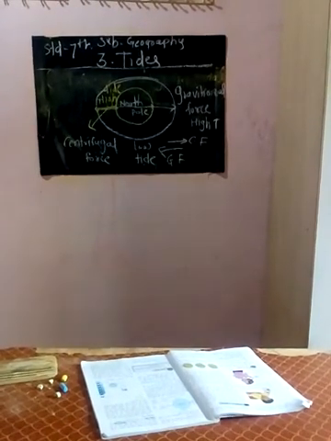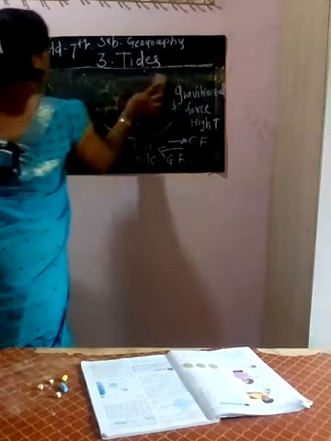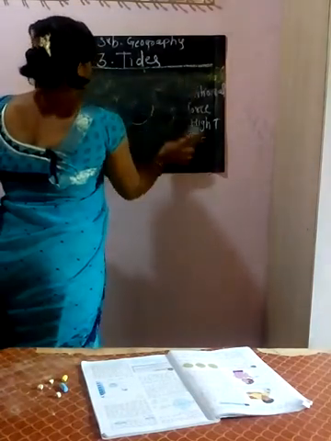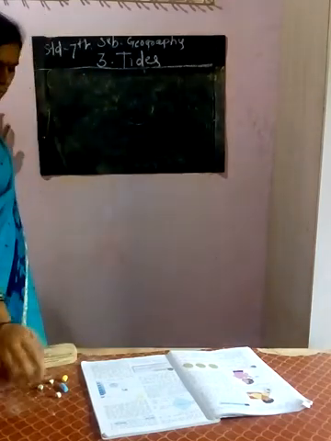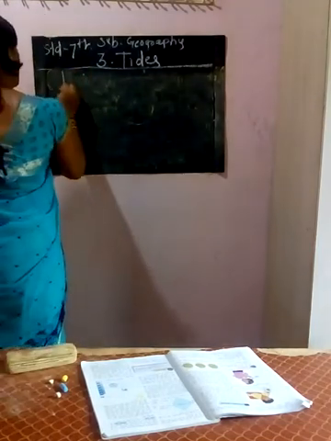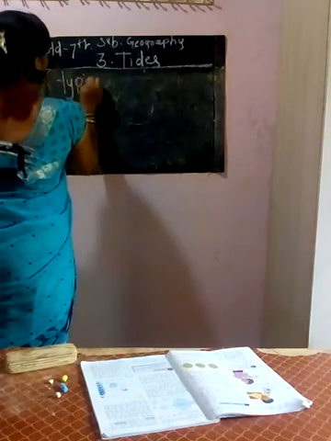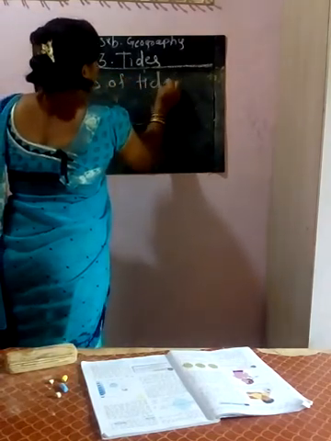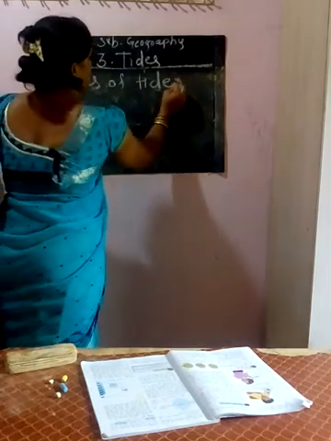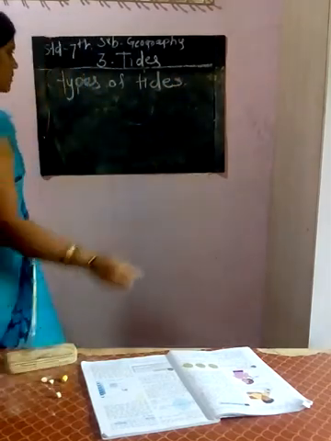Next point is the types of tides. How many types of tides? Two types. Which types?